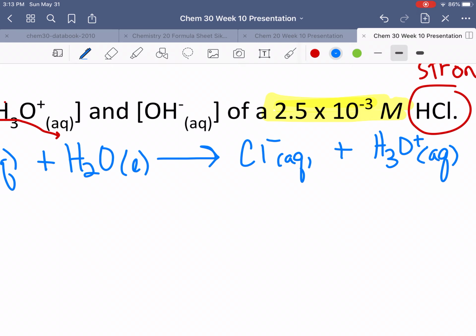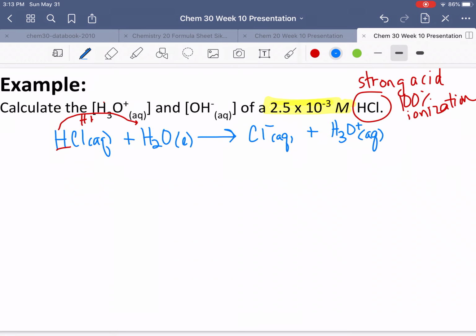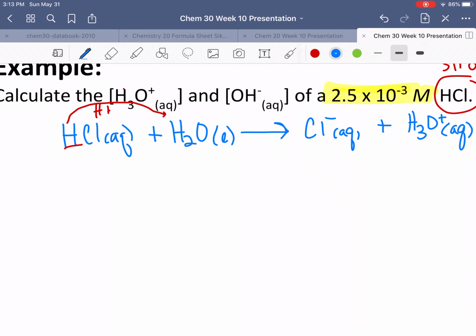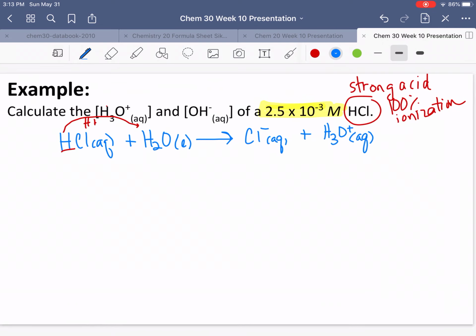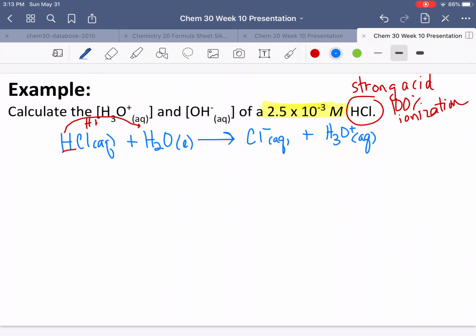but this is why it's characteristically acidic, right? Now here's where things get kind of interesting. This is a circumstance that because this is 100% ionization, that means that the concentration of that strong acid, this HCl, is going to be identical, and it's 1-to-1 to the hydronium concentration.